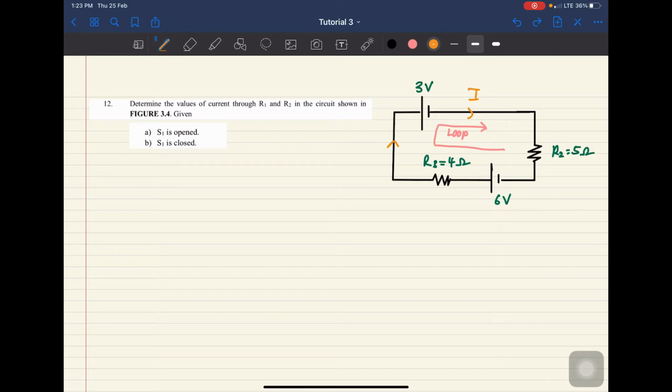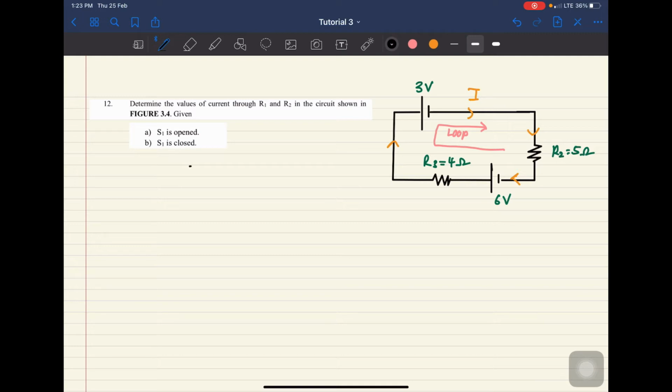Again, I told you previously during the lecture notes discussion, it actually doesn't matter whether you choose the loop direction and current direction. The way I choose it is to make things easy afterward. So if you follow my method, it's not my method, but the method that I use, it will become much easier.